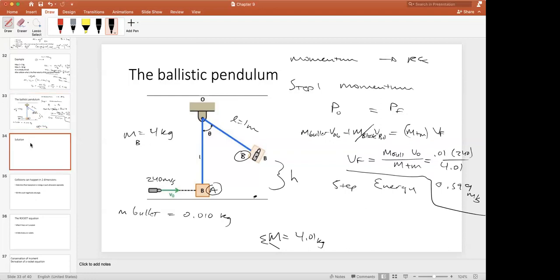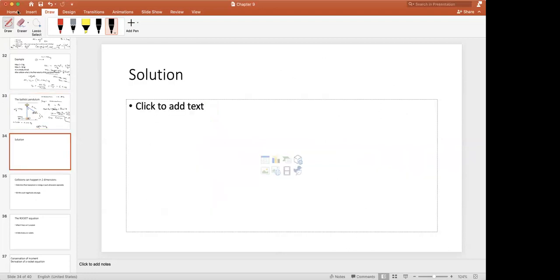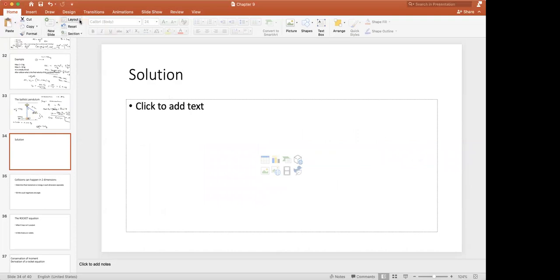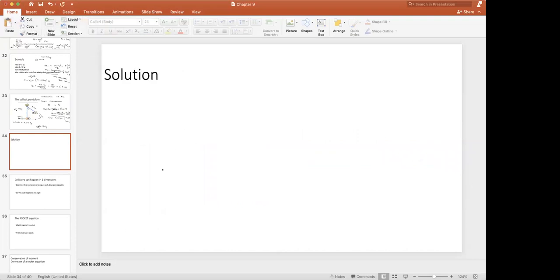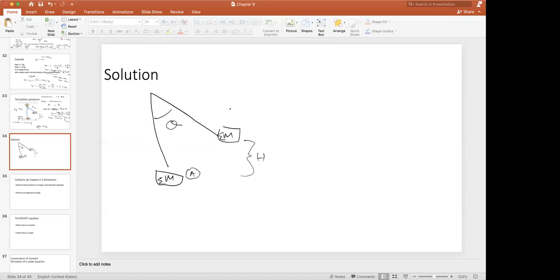In the energy part, and this is a good review on energy, if I have it here, and this is big M, sum of the m's, and then it's up here, and these are connected. I want to know what H is. At A and B, I just write down the energy and set them equal to each other.